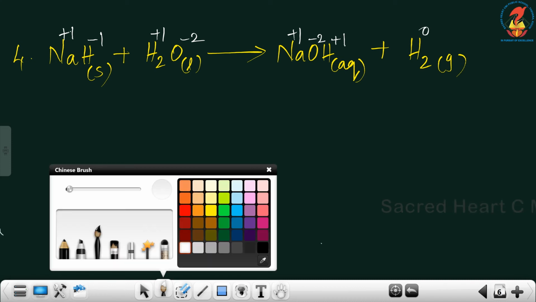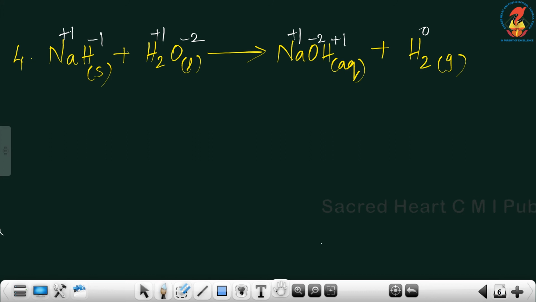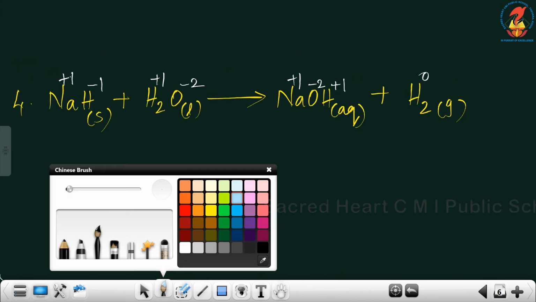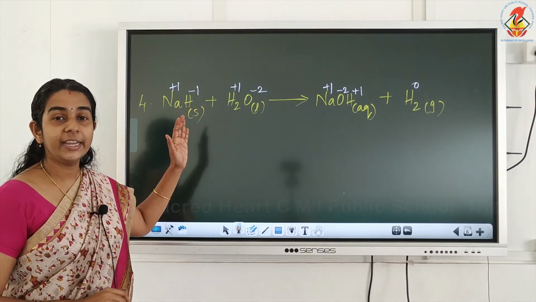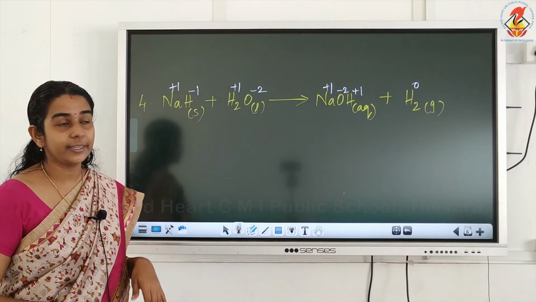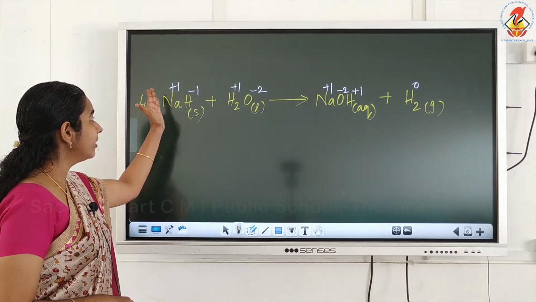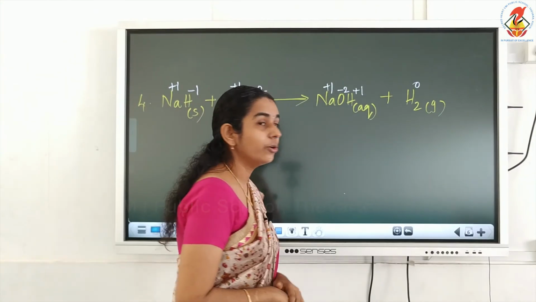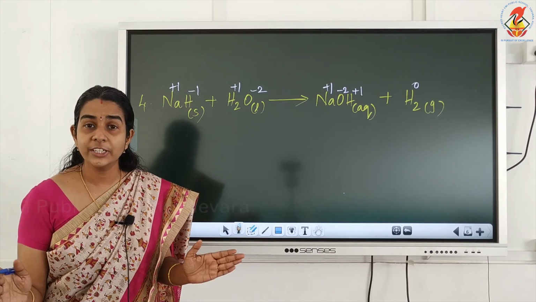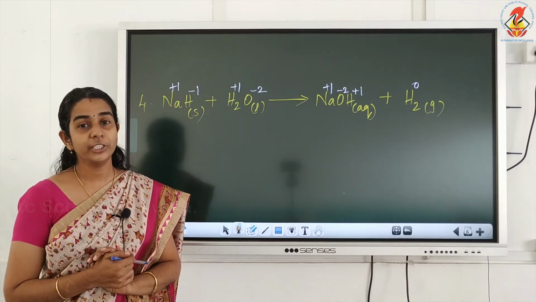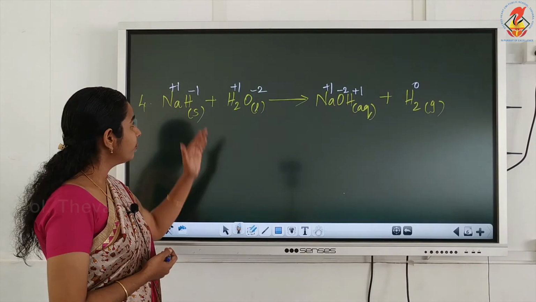Now based on the oxidation number, how can we write? Compare the oxidation state in the right hand side and left hand side. Sodium on the left hand side it is +1, right hand side also it is +1, so there is no oxidation or reduction for sodium. Hydrogen, what happens here?